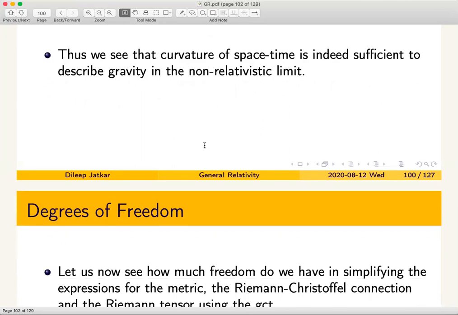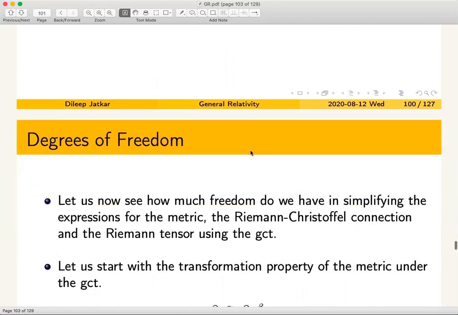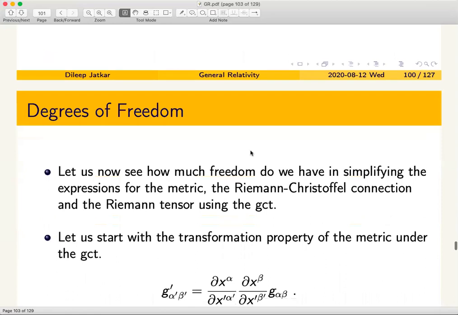Locally there are certain things that we could do, but we have defined at least one tensor so far, namely the Riemann tensor, and we have defined one non-tensor, which is the Riemann-Christoffel connection. We would like to know how much degree of freedom really is stored in this set of variables. Okay, so let's see how much we can simplify.